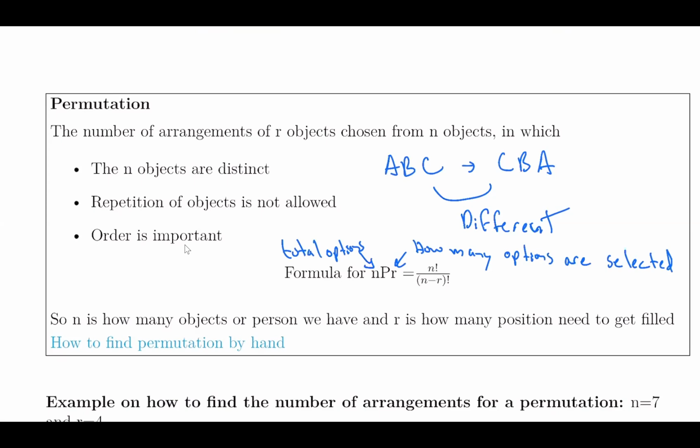I might have 20 options, but I only care about 5 options. All right, everybody good with n and r?